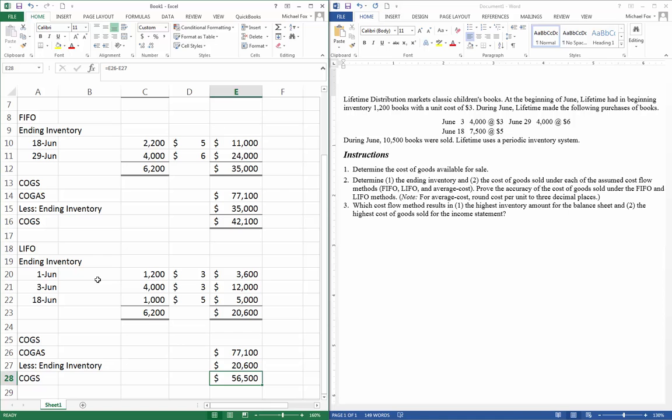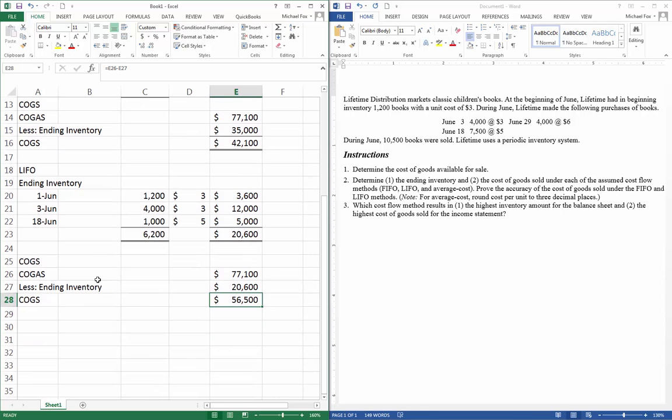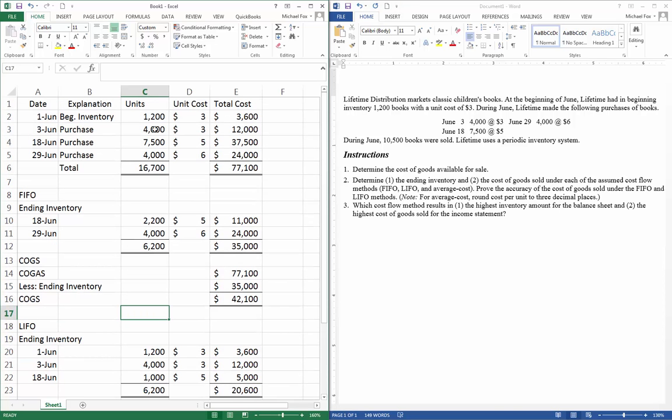Finally, we have the average cost method. So with our average cost, what we're going to do is go back up, and we have our total cost and we have our total number of units.